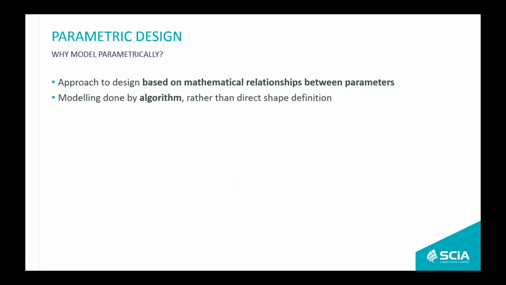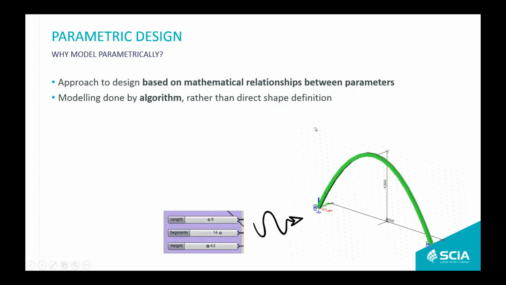It's not done manually in a program, but rather by an algorithm, and the shape of the structure is then defined by functions and things like that. Here we have a very simple parametric example of an arc that is composed of 3 parameters: its length, the height, and the number of segments that are used in it.